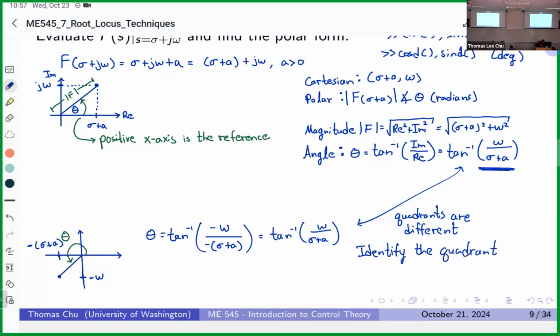So for this one, I'm going to call this theta 1 and theta 2. Then theta 2 is just going to be equal to theta 1 plus 180 degrees or pi, if we're doing it in radians, or theta 1 plus 180 degrees if we're doing it in degrees.